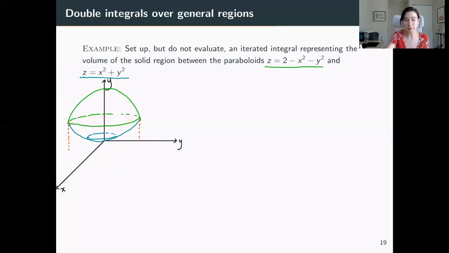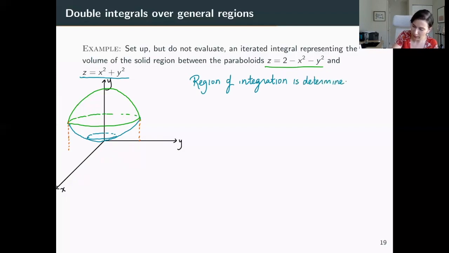And so we need to figure out that the region of integration is going to be determined by where these surfaces intersect. And we can do that algebraically. So here we want to know when these two curves are going to be equal.